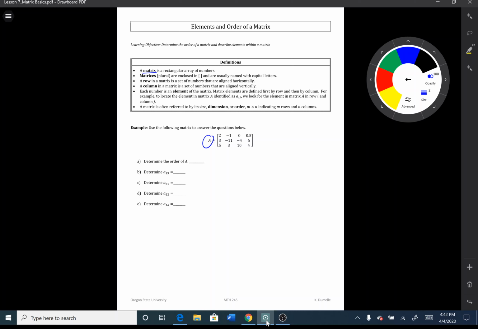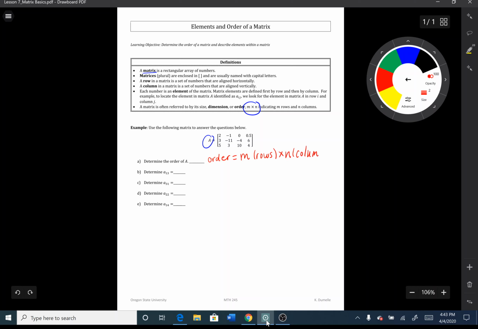And a matrix is often referred to by its size or dimension. We also call this order, and this is m times n, indicating m rows and n columns. So let's do an example to learn more about this matrix A. We first want to determine the order of A, and order, as we see in the definitions above, is equal to m rows, so how many rows there are, times n columns.